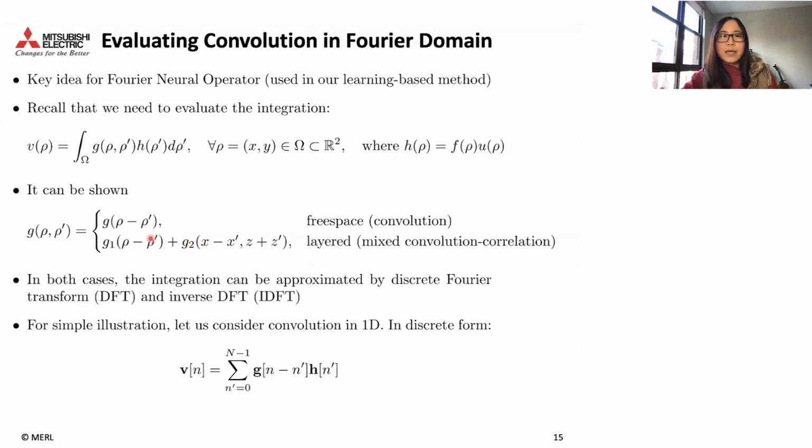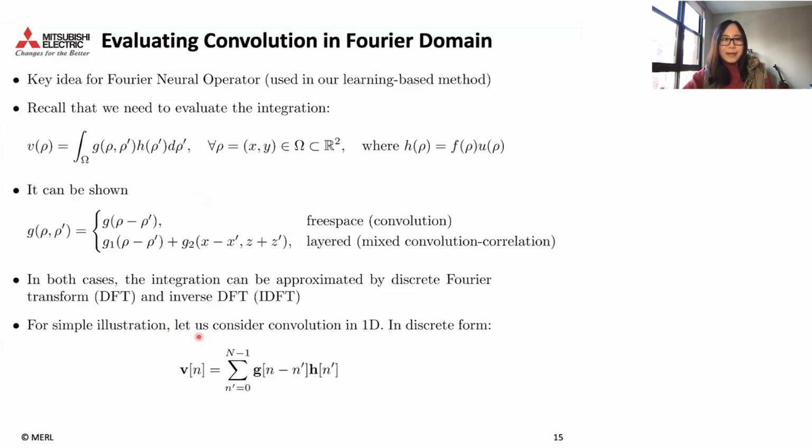In both cases, we can use the discrete Fourier transform and the inverse discrete Fourier transform to evaluate this integration. For simplicity, let's just talk about the pure convolutional case, which is exactly the case considered in the Fourier neural operator.